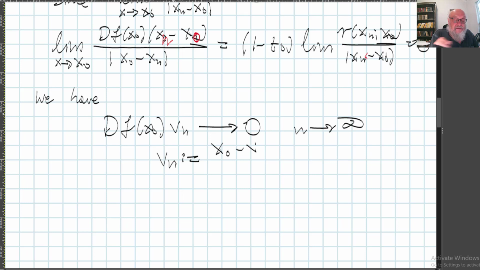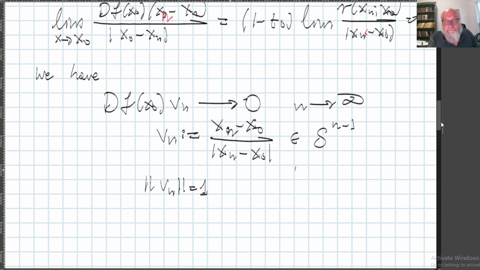This is again xn minus x naught divided by the norm of xn minus x naught. And of course this belongs to the sphere S^(n-1). That means vn has the norm equal to 1.